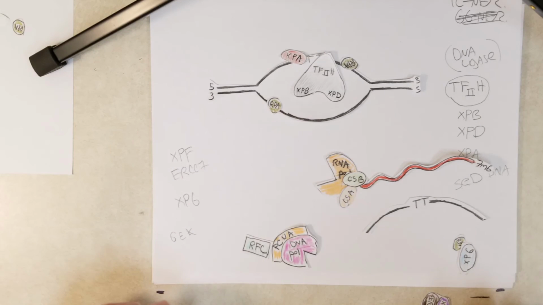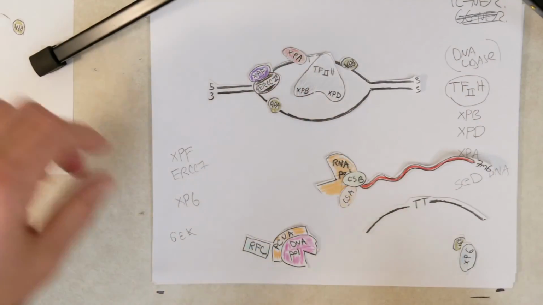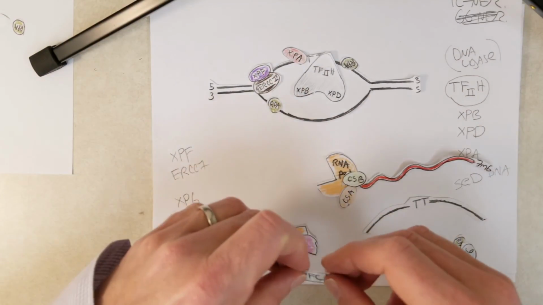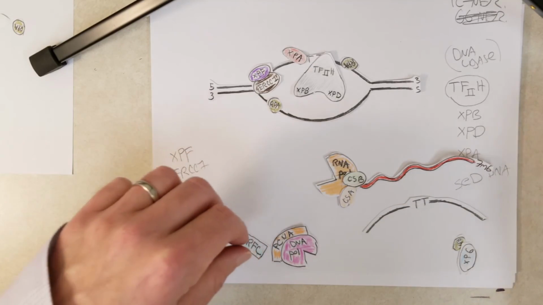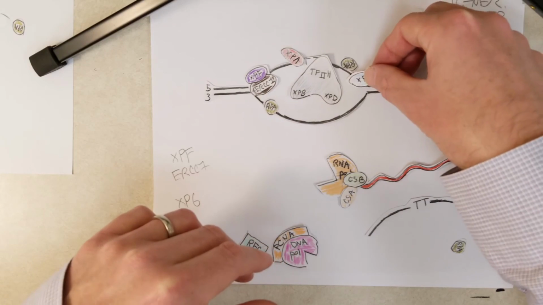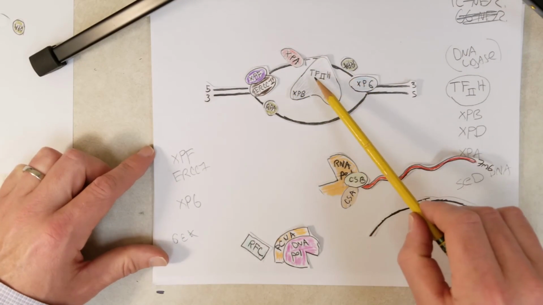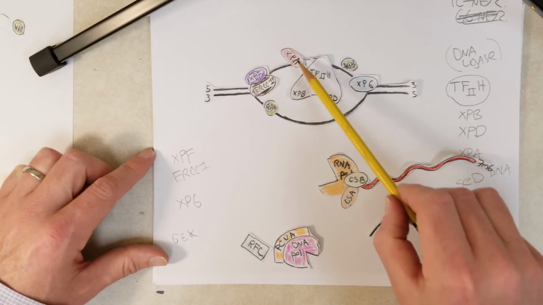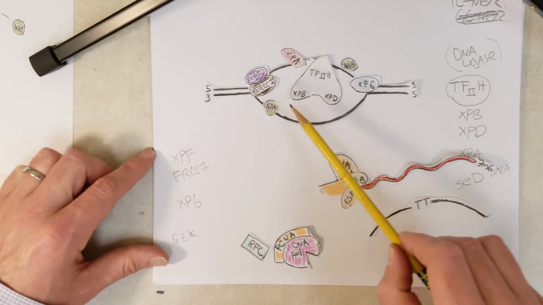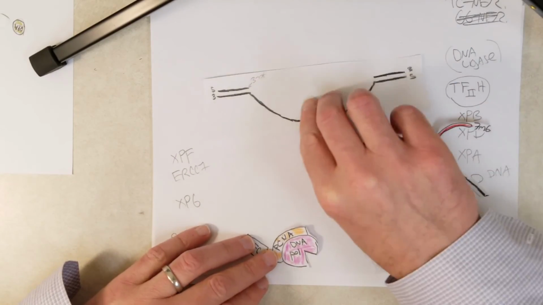So, okay, at this point, that's when the nucleases come in. Where's my other nuclease? Here it is. Now you can see that SED is going to be released. We're going to lose TFIIH, XPA, and the nucleases.